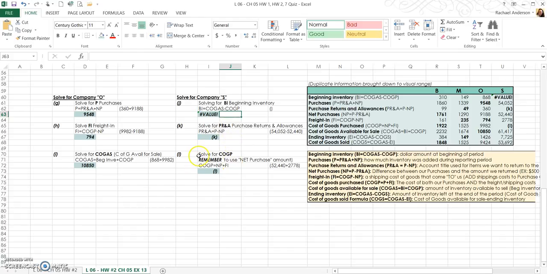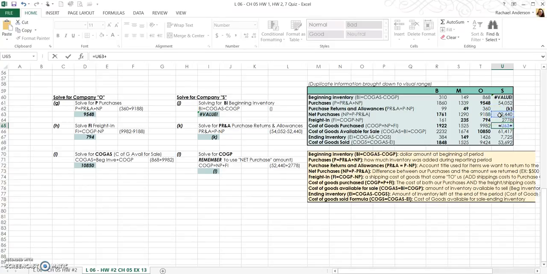So let's next go to solve for cost of goods purchased. Cost of goods purchased is our net purchases plus our freight in charges. So our net purchases is $52,440.